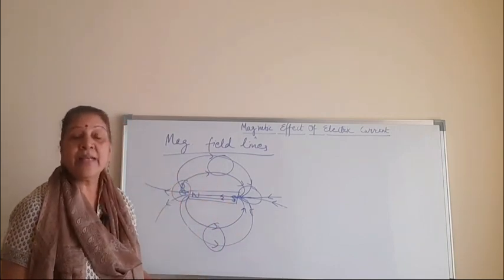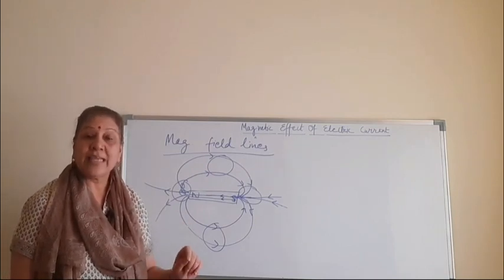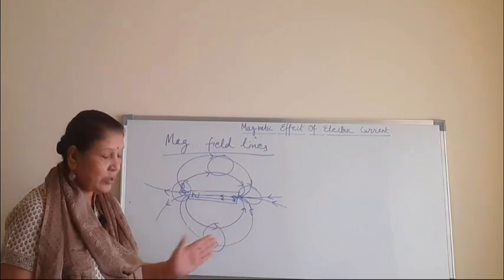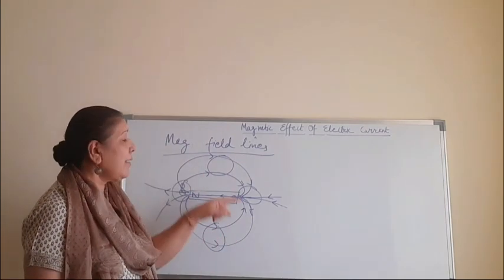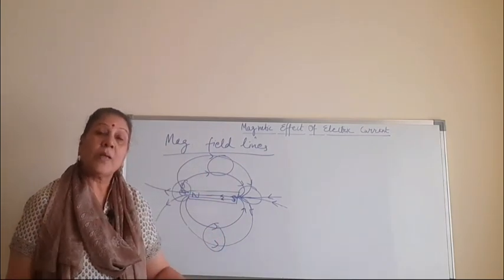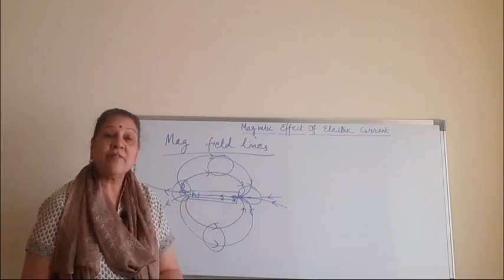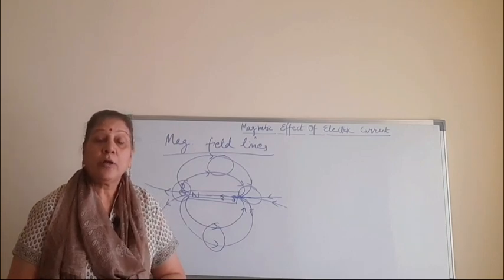Two magnetic lines never cross each other. That is also one why, we are going to discuss it later. And these are closed continuous curves.